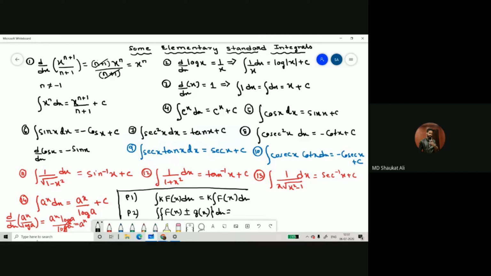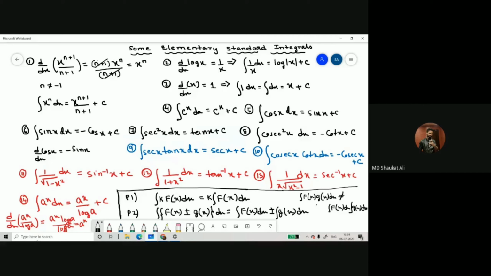This will be equal to separating and integrating, which means integration of f(x) dx plus minus integration of g(x) dx. Remember, not applicable for multiplication, which means integration of f(x) g(x) dx is not equal to integration of f(x) dx multiplied by integration of g(x) dx.